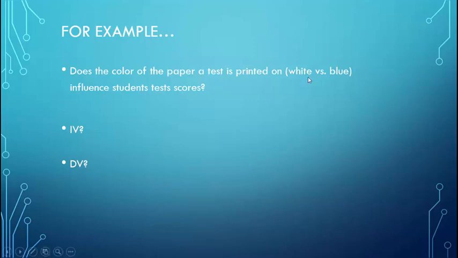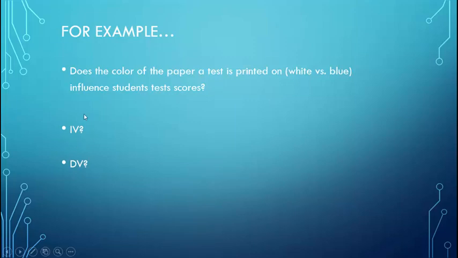So I chose white compared to blue. I could have easily chosen red compared to green, or gray compared to purple. These were just my choices for whatever reason. So that's the variable that I manipulate, and it's the cause.